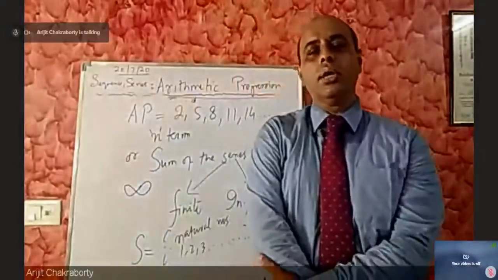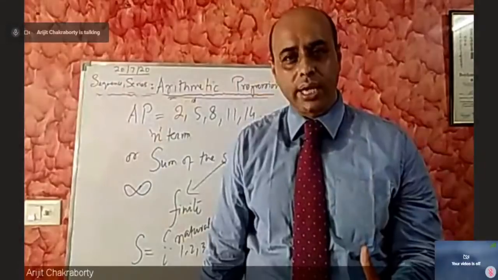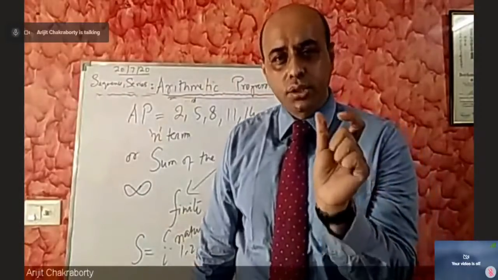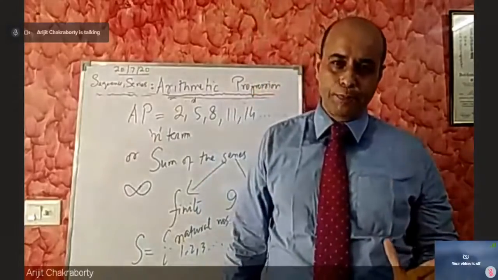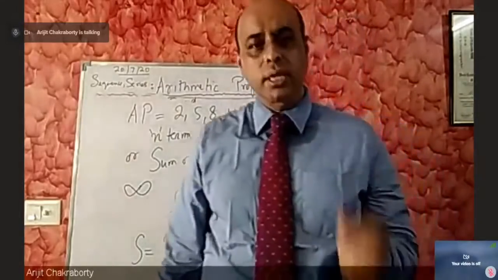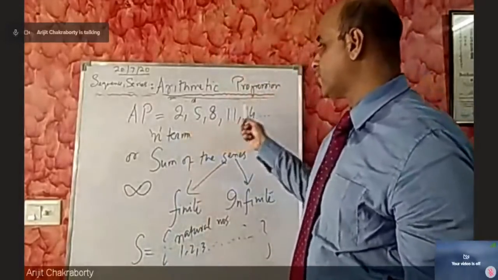And we also saw that in case of an arithmetic progression or arithmetic sequence, the difference between two successive terms will be constant. It is called common difference, CD. In this case, 2, 5, 8, 11, 14.